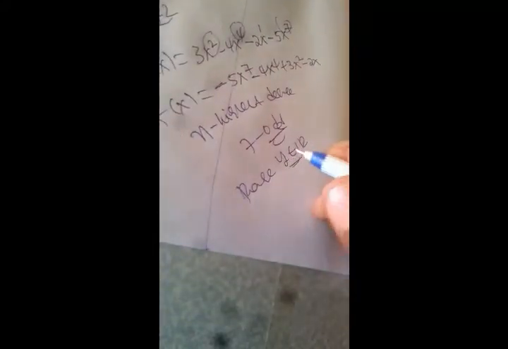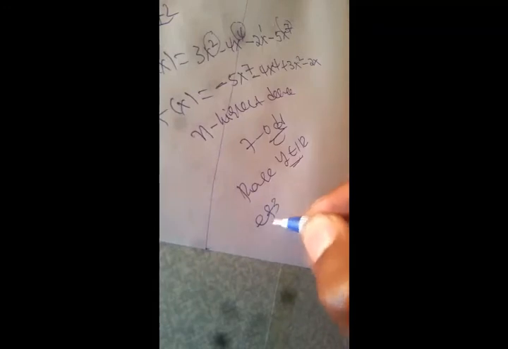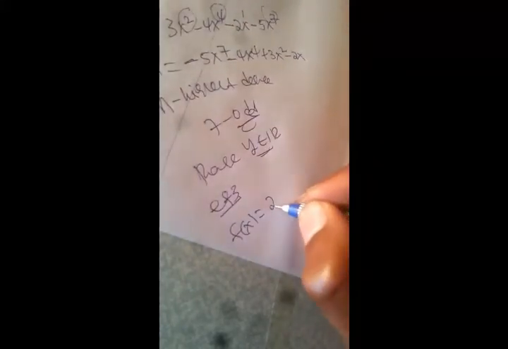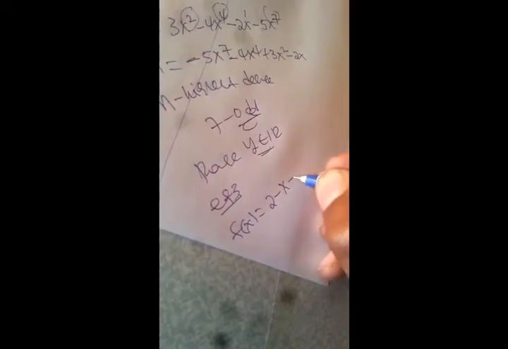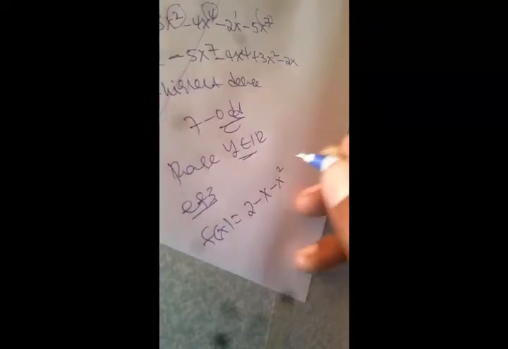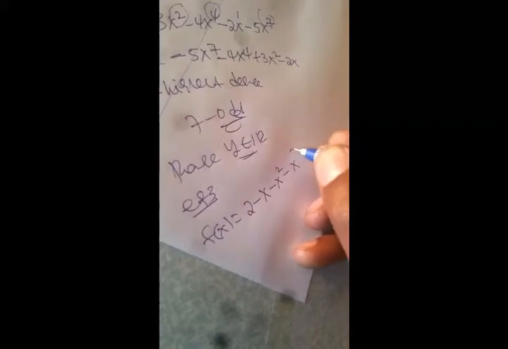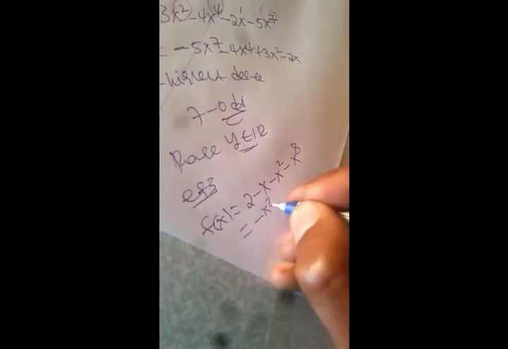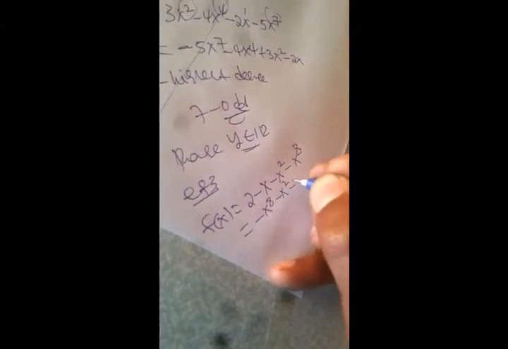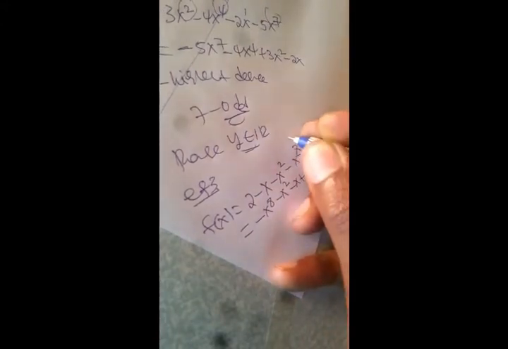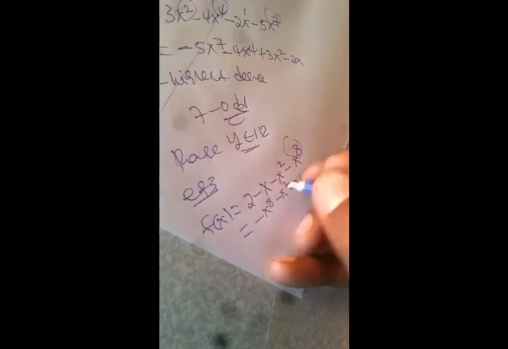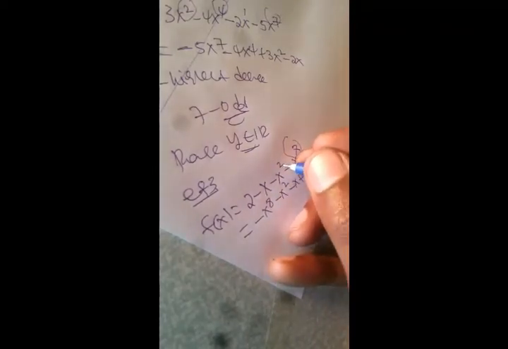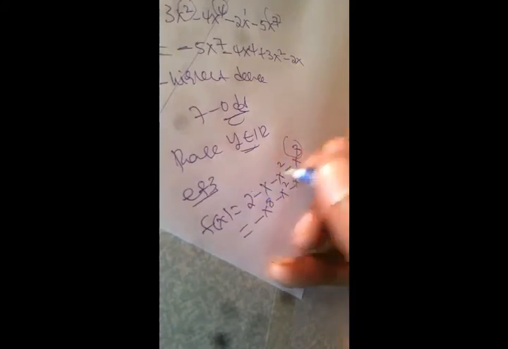Let's say this third example. Example 3: f of x is equal to 2 minus x squared minus x raised to 8. Therefore, this can be rearranged like minus x raised to 8 minus x squared minus x plus 2, because the highest degree is 8. We brought it to the first, then the highest degree next to 8 is 2, next to 2 is 1, next to that is 0.